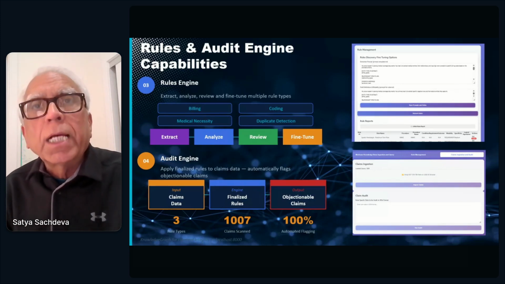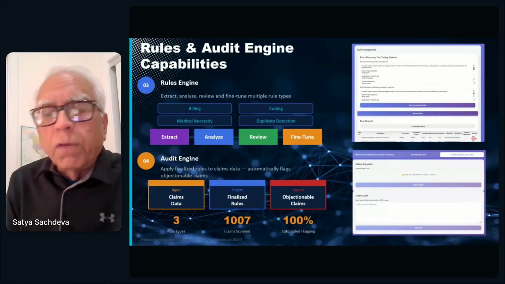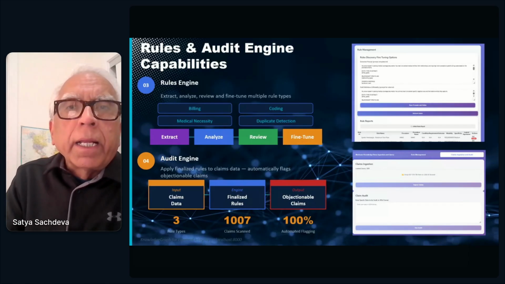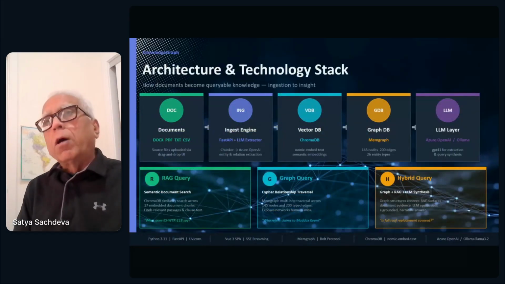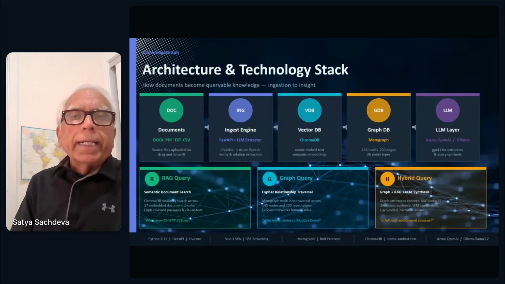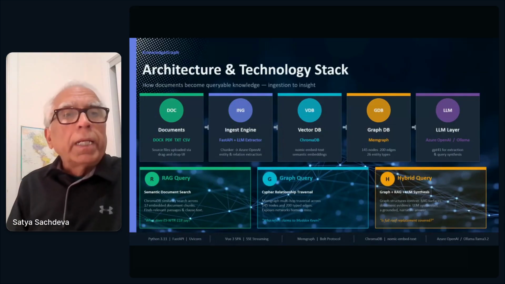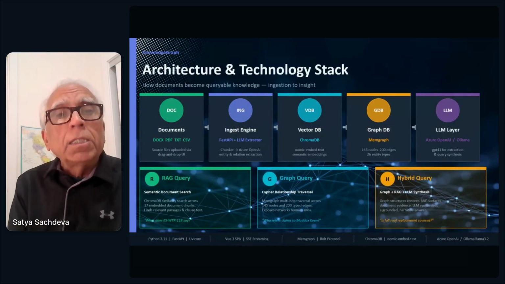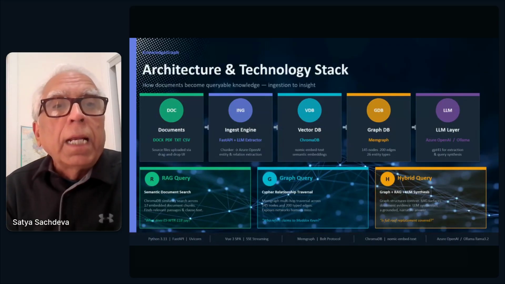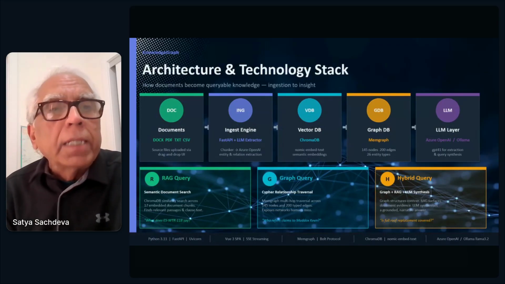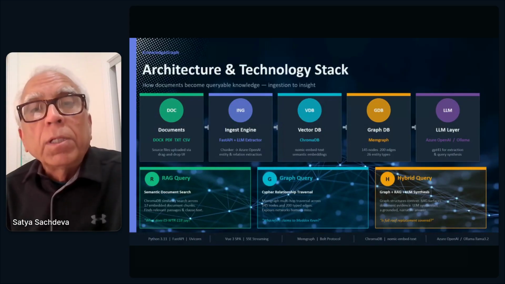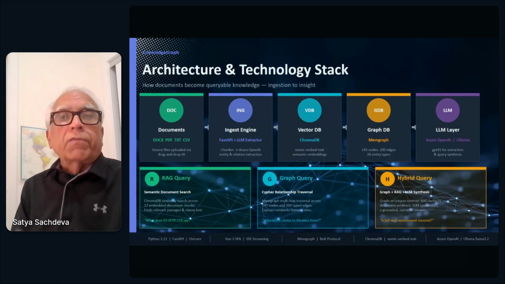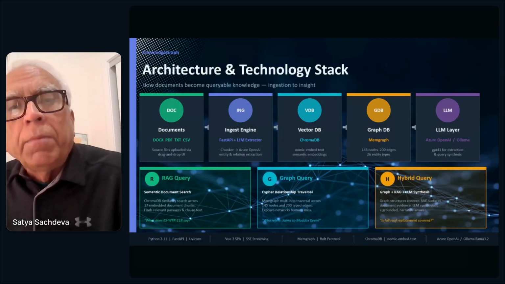So this, in a nutshell, is an overview of the application, and I have a couple more slides that talk about the overall architecture, just to explain. We have the documents coming in, then the ingestion engine where we are using an LLM to extract, along with FastAPI for the user interface, then the vector database, which for the time being is ChromaDB.